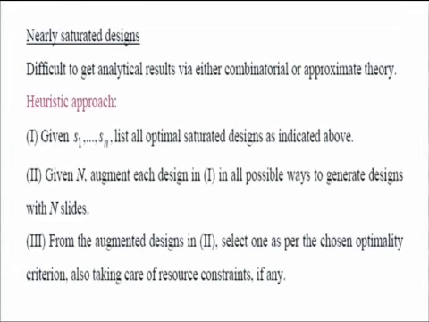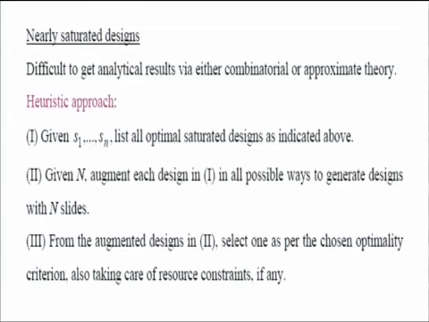for testing of hypothesis. So, next we pass on to nearly saturated designs, and here analytical results are as hard to obtain as any application of the approximate theory is. So, what we do, we describe a heuristic approach.